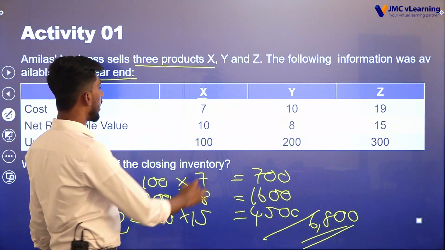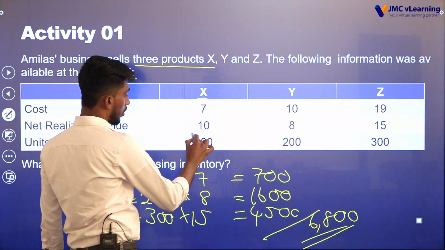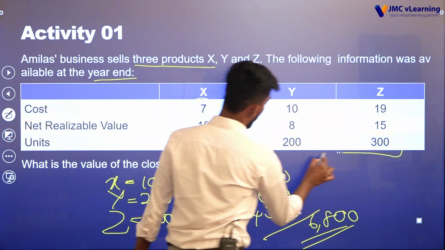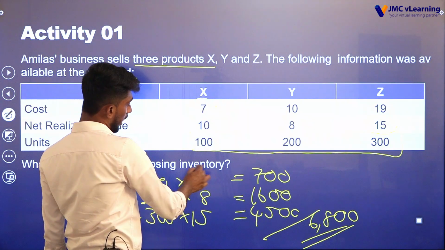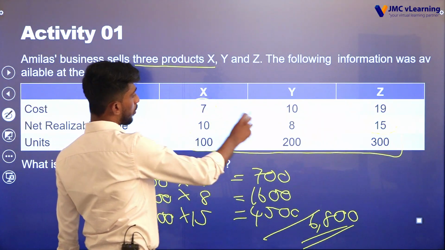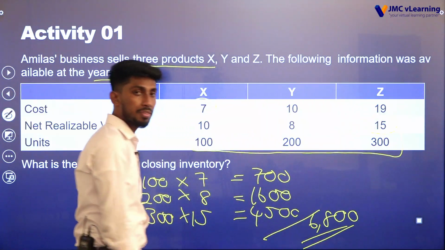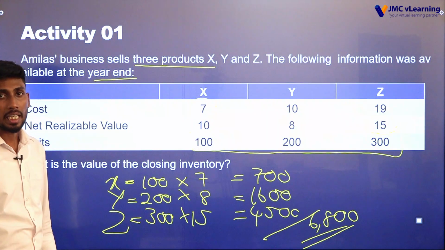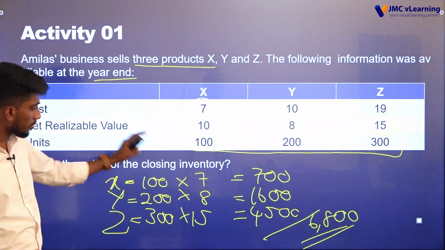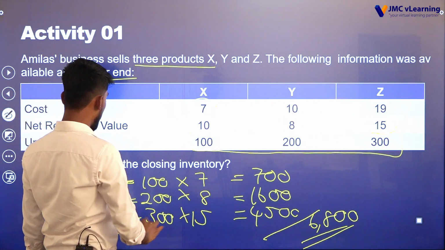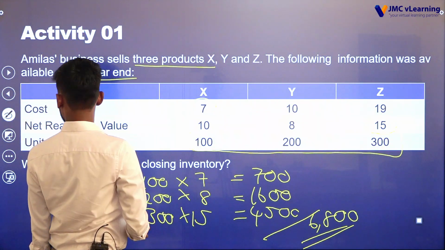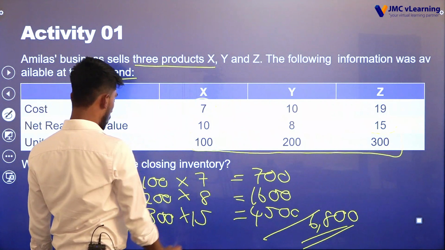We need to take the quantity, yes, but quantity alone we can't take. And when we are taking the rupee value, we need to take whichever is lower. Here I took the cost, it was the lower one. Here I took the net realizable value, it was the lower one.